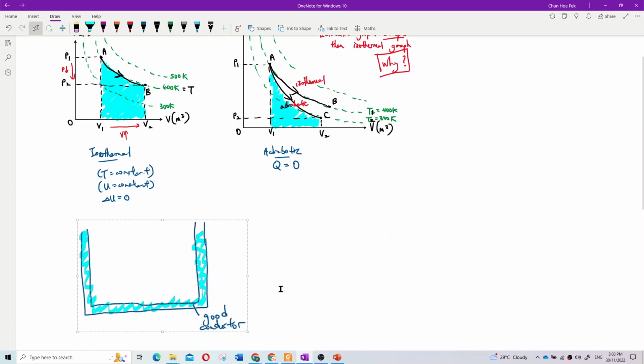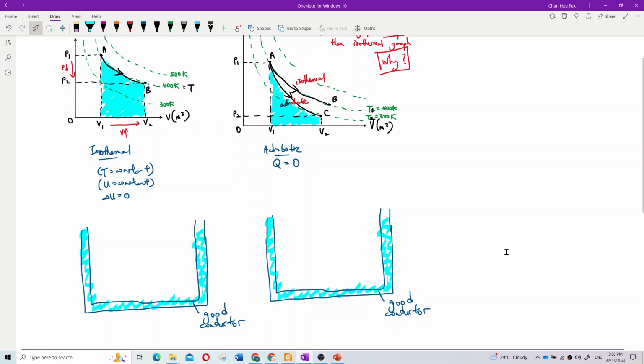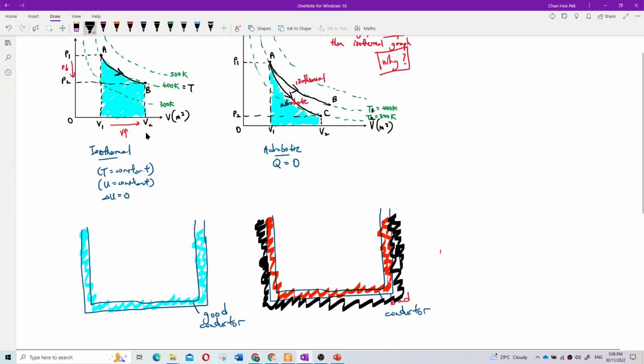But for adiabatic, it is a bad conductor, or we can say it is insulated, heavily insulated. Understand?